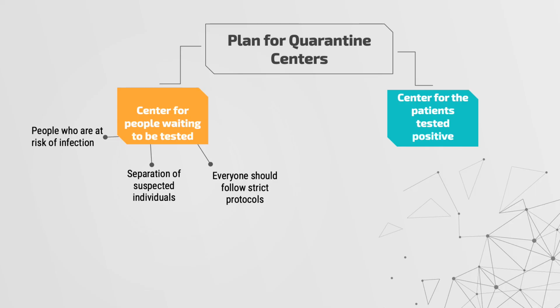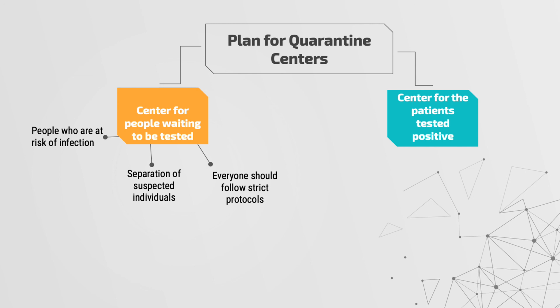So next, we would just like to give suggestions for the quarantine center. For the quarantine centers, we think it would be better if you separate the quarantine centers for those who are waiting to get tested and for those who have already tested positive. Those who are waiting to be tested are the people who are at high risk, such as people coming from overseas or those who were in proximity to the infected patients.